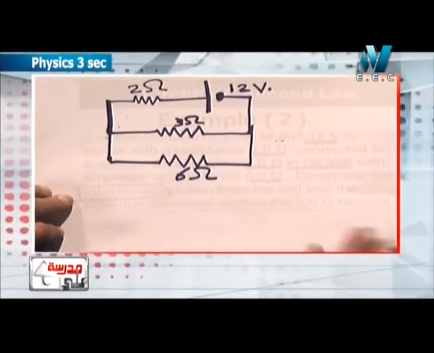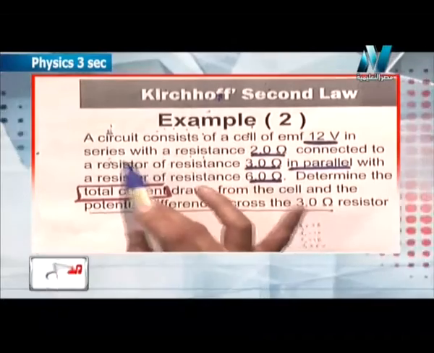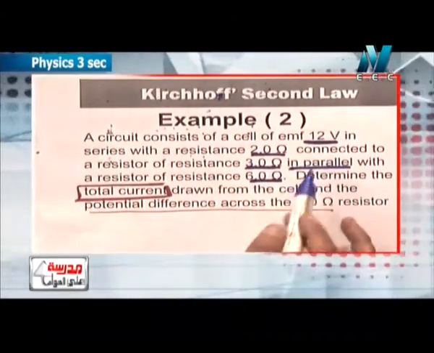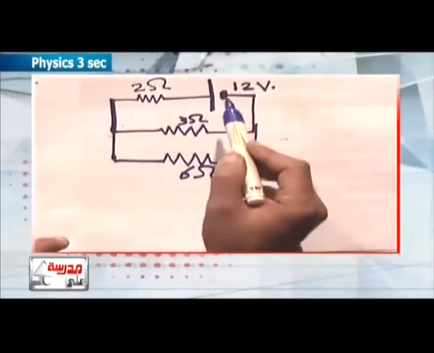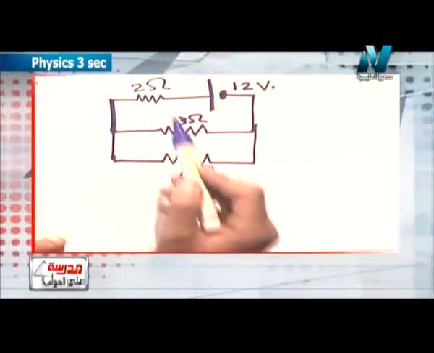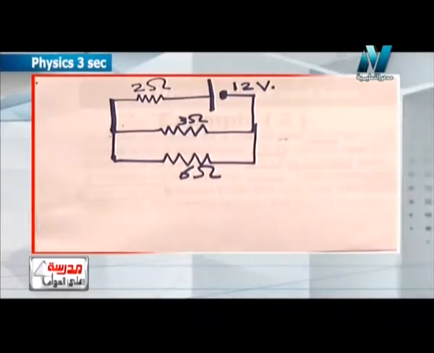Okay, let's check. A circuit consists of a cell with electromotive force, 2 ohm in series, 3 ohm in parallel with 6 ohm. What does he want?